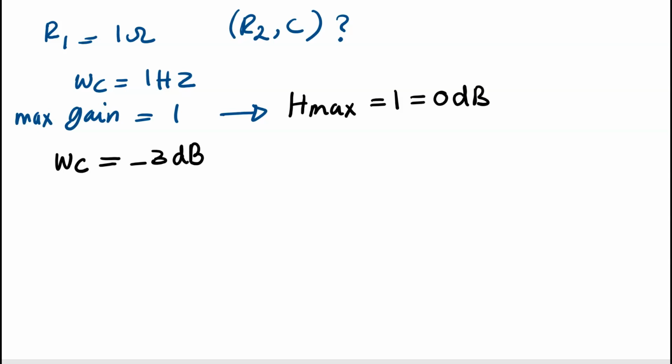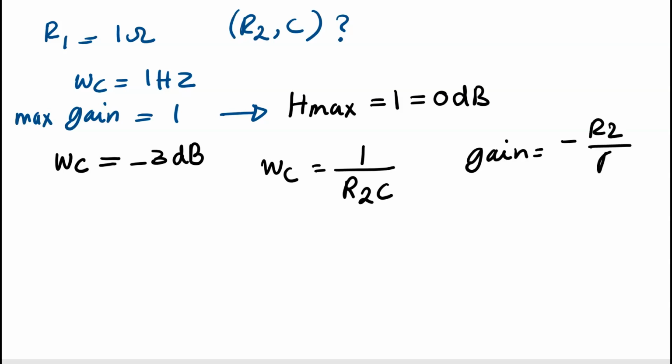However, the purpose here is designing the circuit. So here I know that the cutoff frequency of a low pass filter is going to be 1 over R2C, and the gain is equal to minus R2 over R1.